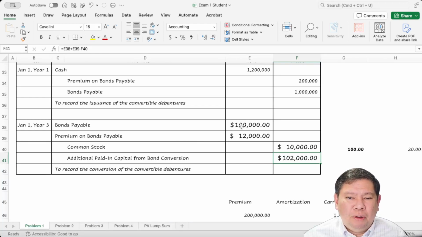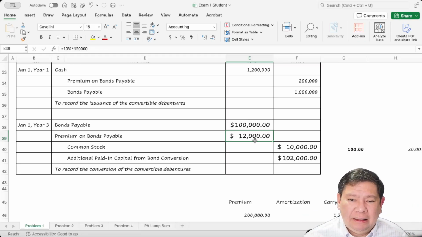So it's very straightforward. 10% of the bonds on January 1st, year 3, 10% of the $1 million, 10% of $120,000. Those are the bonds exercised.